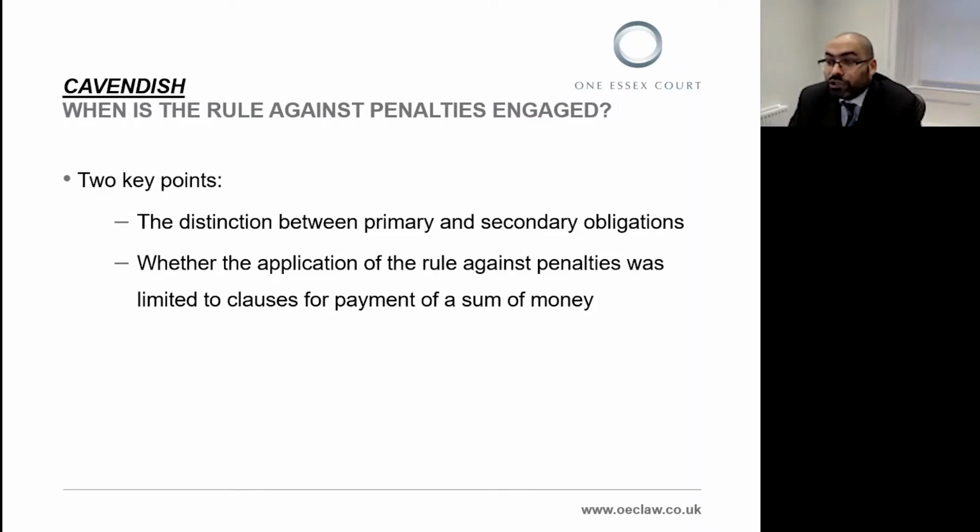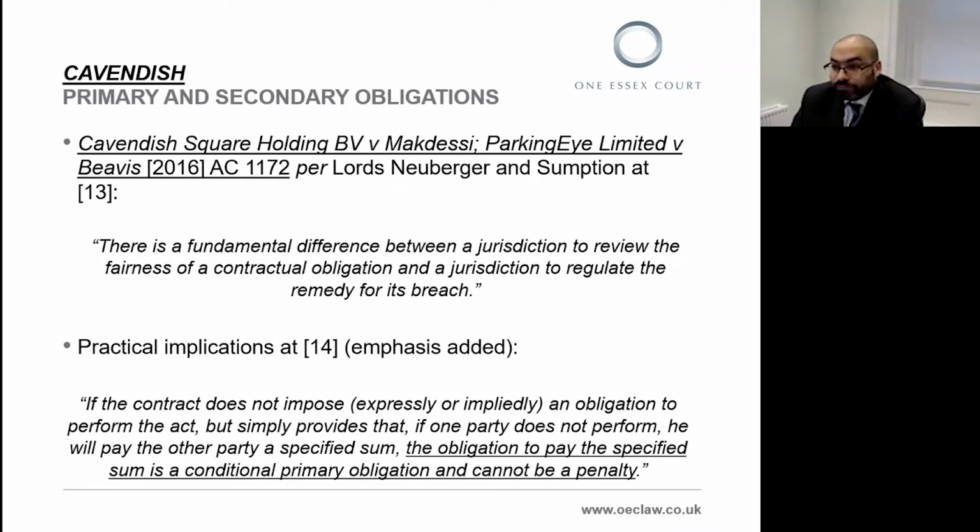And in considering when the rule is engaged, their lordships were understandably keen to reach a conclusion which interfered as little as possible with freedom of contract and the ability of contracting parties to allocate their own risks without outside interference.